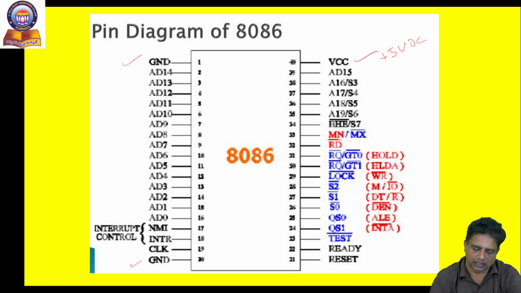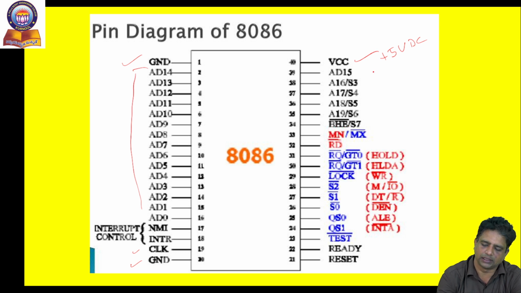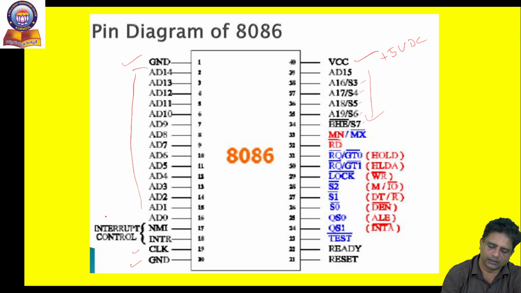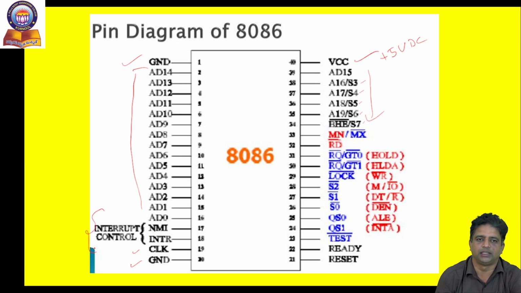Then the clock is at pin number 19. From there start the data to address representations, followed on the other side. Then we can see some more multiplexed names that we can discuss in further arrangements. Then we have the maskable interrupt and non-maskable interrupt request pins.